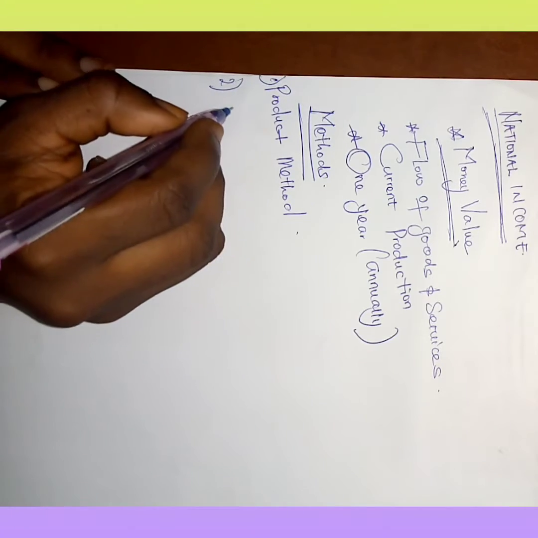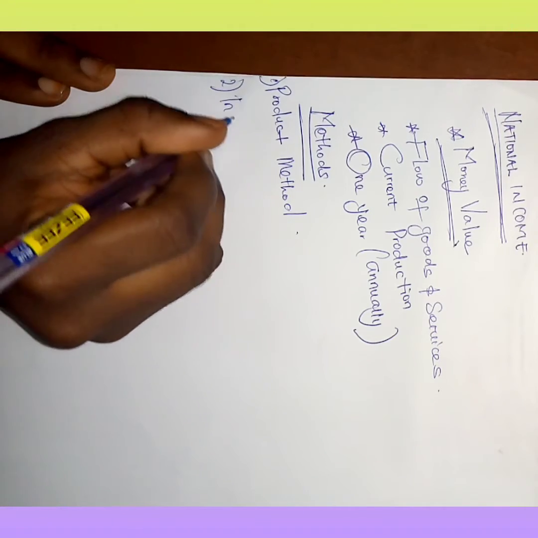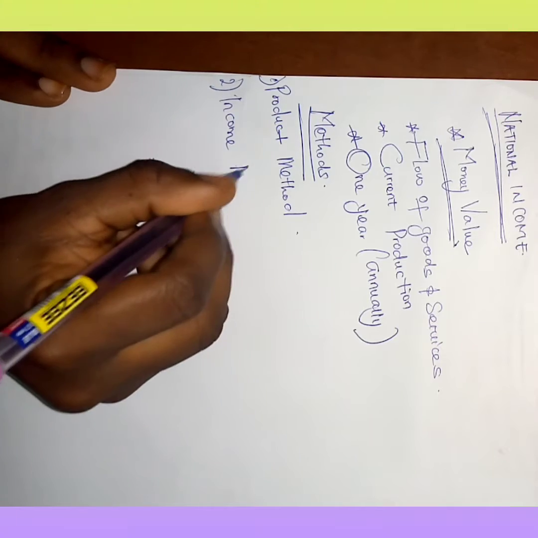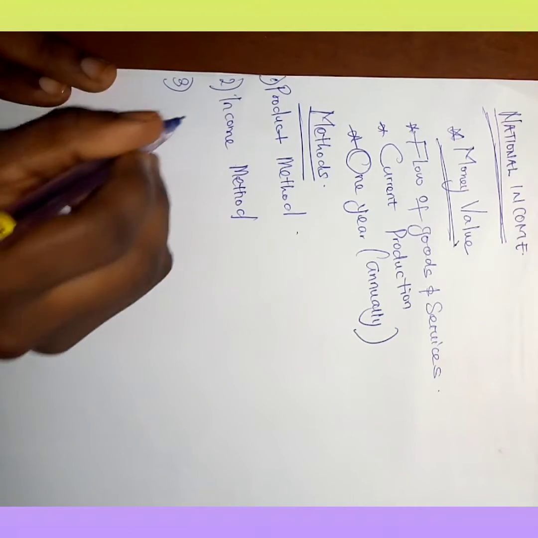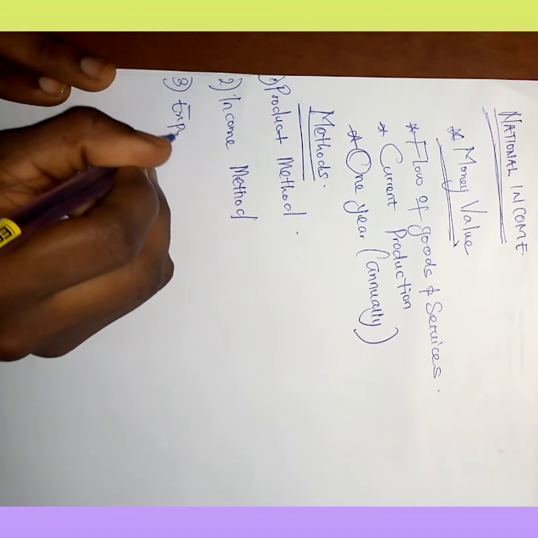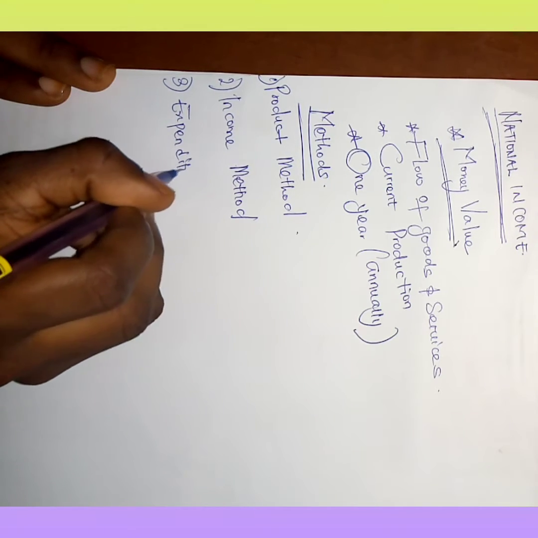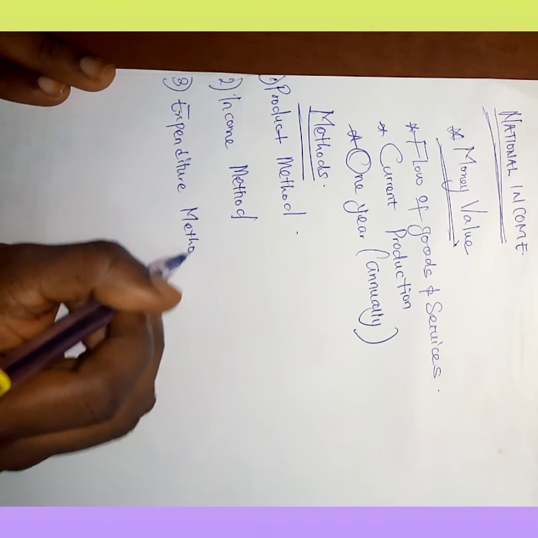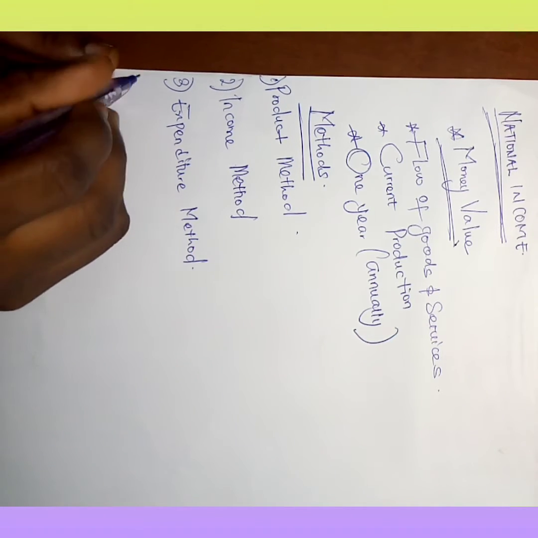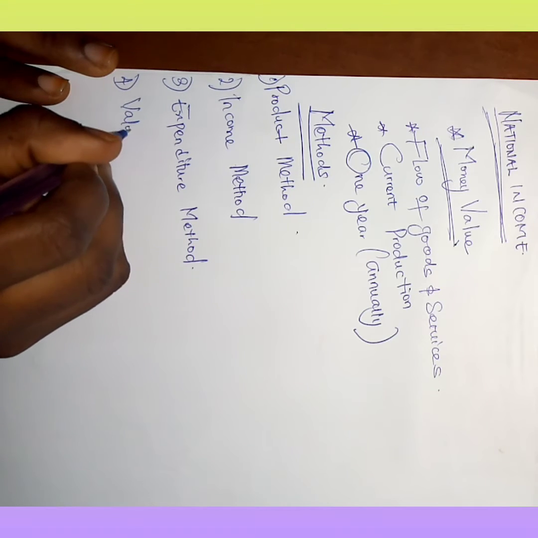Two, we have the income method. Three, we have the expenditure method. And lastly, we have the value added method.